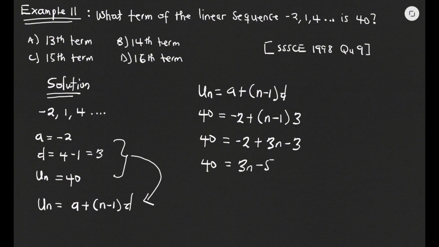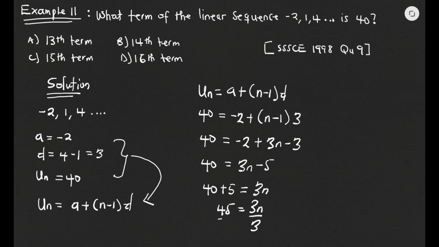And so from here, I can decide to group like terms. 40 and 5 are just ordinary numbers, and 3n is special because it has a variable attached to it. So I'll send the -5 to the other side of the equal sign, and the sign changes. So I have 40, it becomes +5 when the -5 crosses the equal sign, and this is equal to 3n. 40 plus 5 will give me 45, and this is equal to 3n.